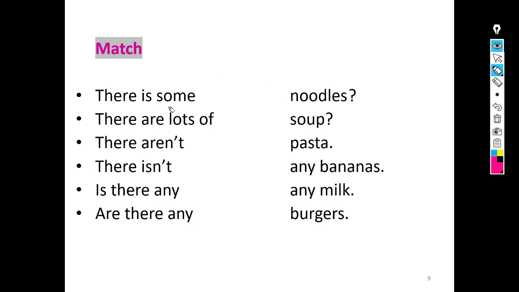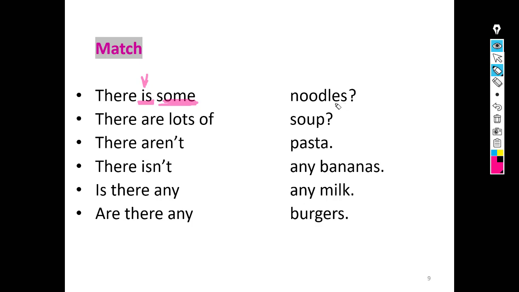Yes, there is some. Okay. We have to pay attention to "is". Why? Because it is singular and it can be a thing or an uncountable thing. An uncountable noun after some. So there is some, but some is more than one. It means this is uncountable. We have to match with an uncountable noun.